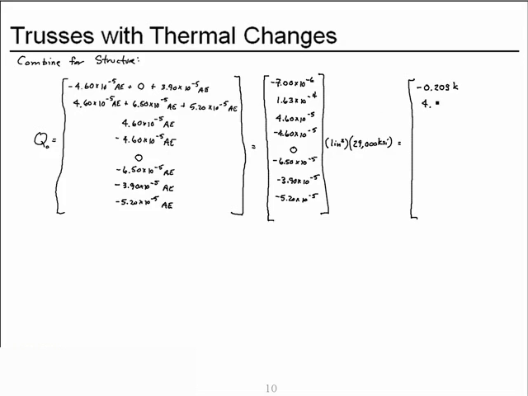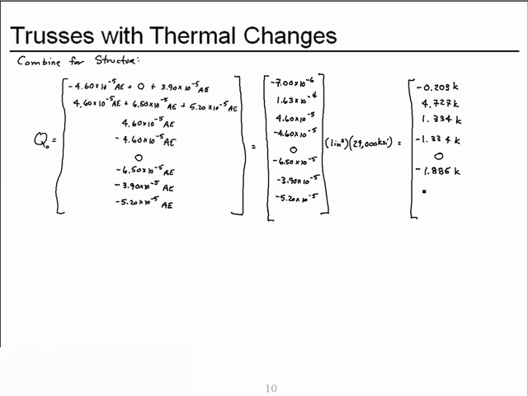Put these together, we get a positive 4.727 kips. These, we get 1.334 kips. These, a negative 1.334 kips. 0. These come together to give a negative 1.885 kips.